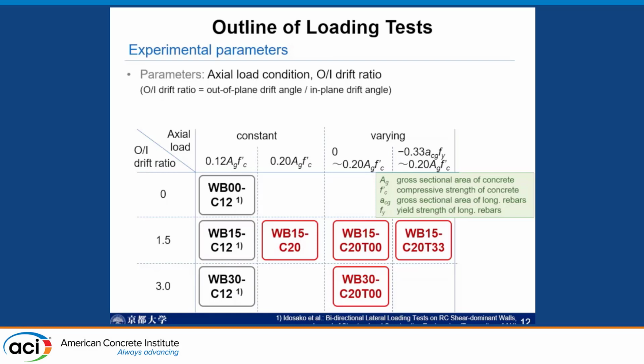The tensile force was defined as a ratio to the tensile force of the reinforcement, where Ag is the gross sectional area of longitudinal rebars, and fy is the yield strength of longitudinal rebars.